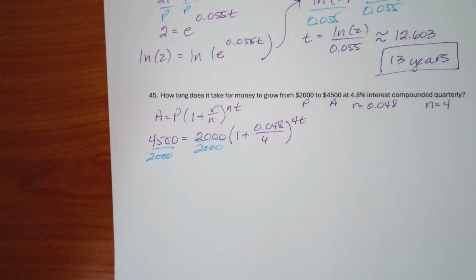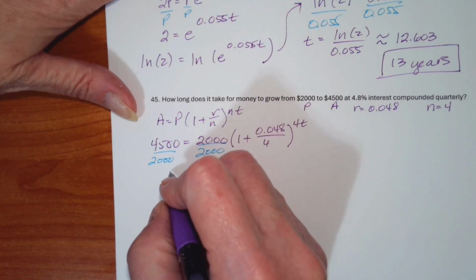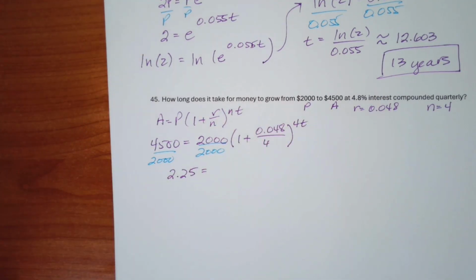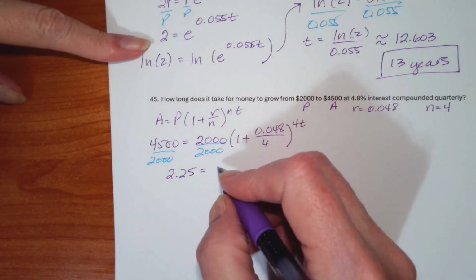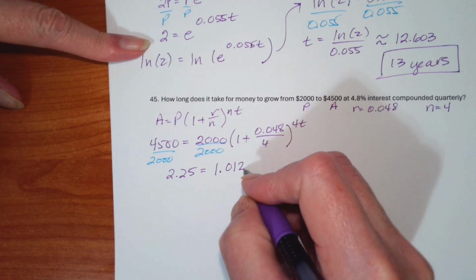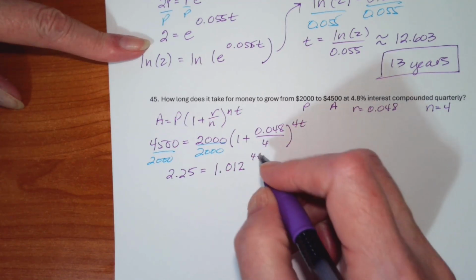So 4,500 divided by 2,000 gives me 2.25. And I'm going to go ahead and clean this up as well. 1 plus 0.048 divided by 4 is 1.012 to the 4t.